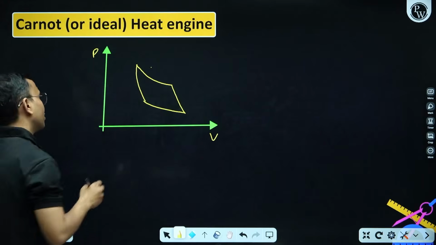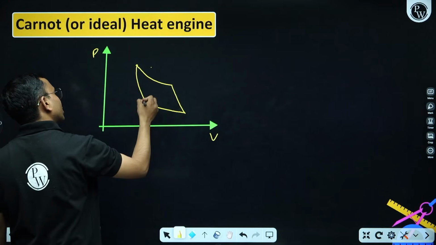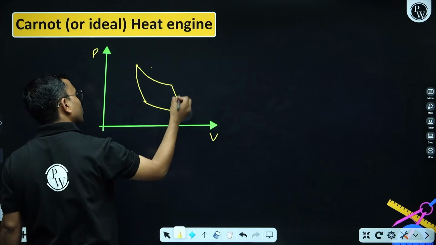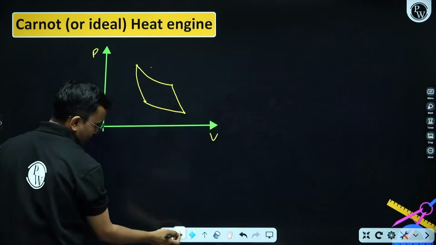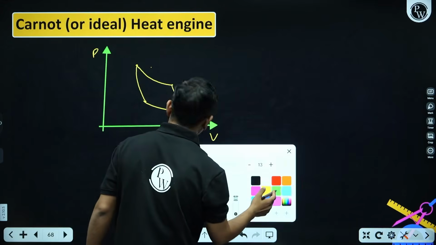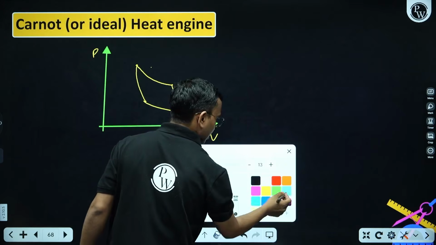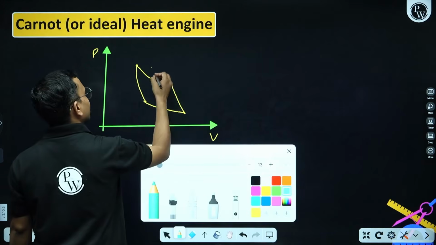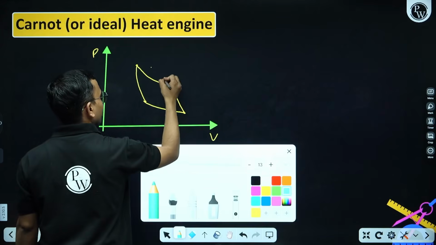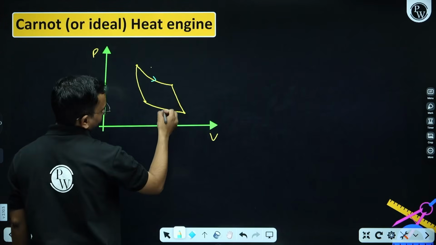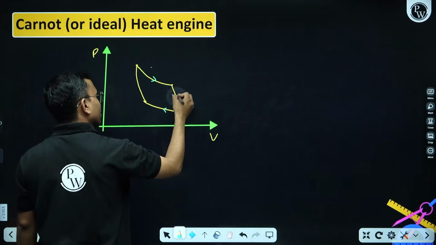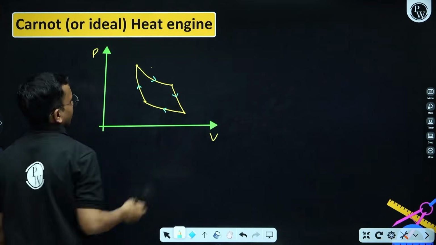You can see here the two with the greater slope are adiabatic and the two with the lesser slope are isothermal. So this is one isotherm, this is another isotherm, this is adiabatic, this is adiabatic.